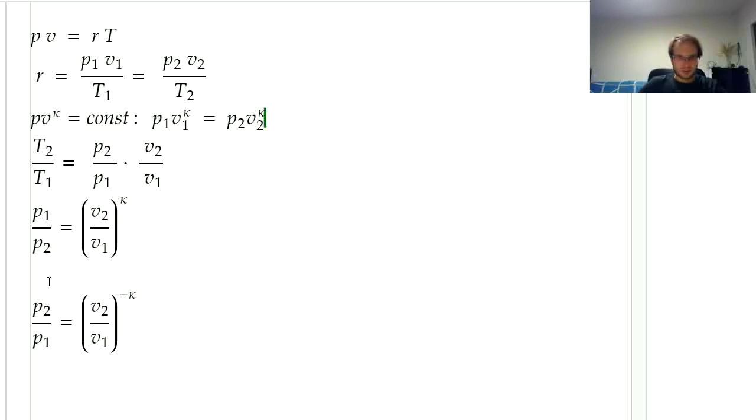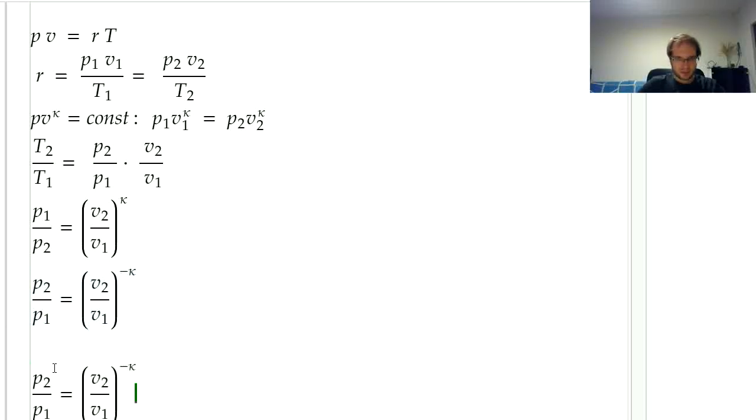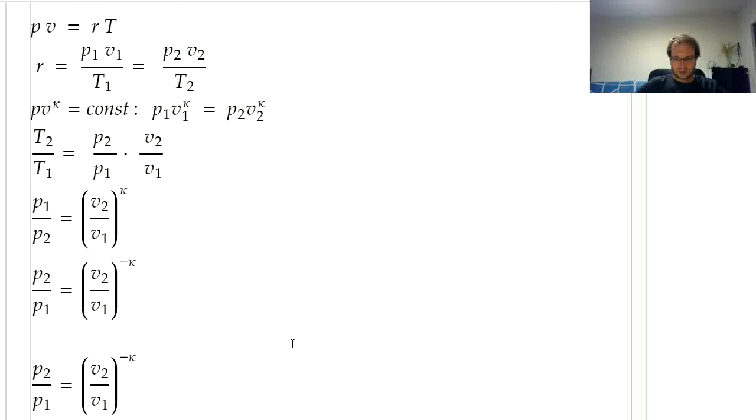Okay, now what we can do also is raise both sides, left hand side and right hand side, to the same value. So let's raise it to minus 1 over kappa, or 1 over minus kappa. So it will look like this.